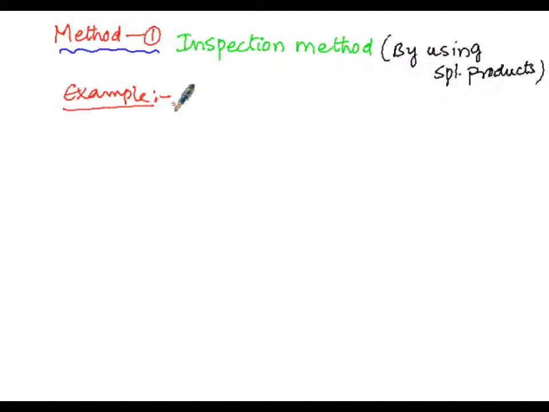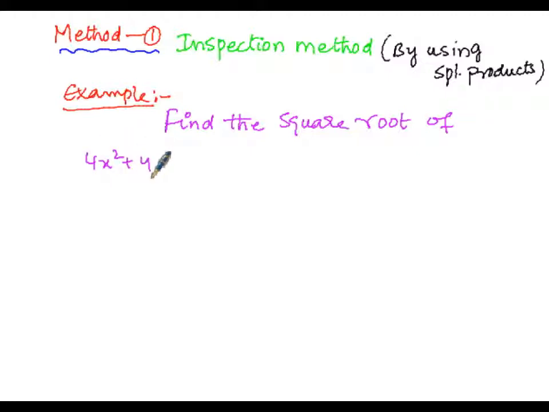So, the example is: find the square root of an algebraic expression which is 4x square plus y square plus z square minus 4xy minus 2yz plus 4zx.